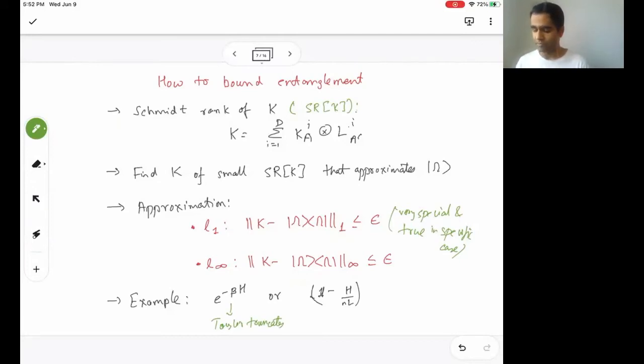Or one could take, for example, the Hamiltonian itself and raise it to some large power. This operator as well is a good approximation to the ground state, because when H is 0 on the ground state, this is equal to the ground state, and when H is more than 0, this term becomes small. So these are some examples that one could think of in trying to find an operator K that approximates the ground state.